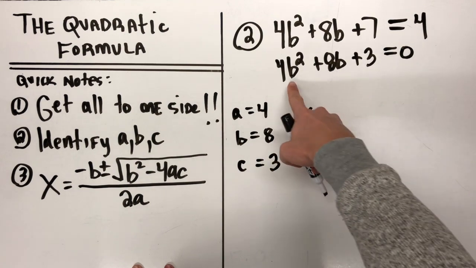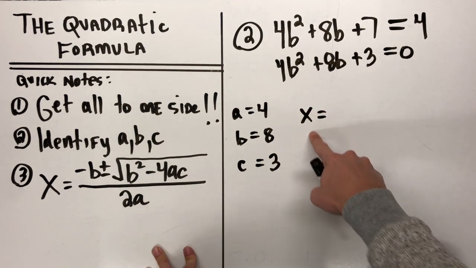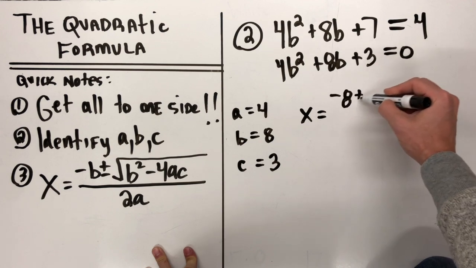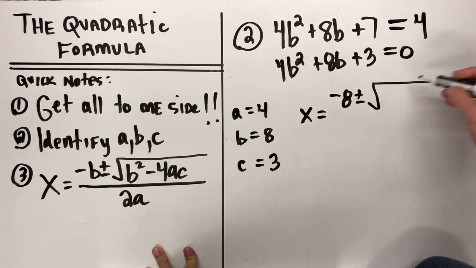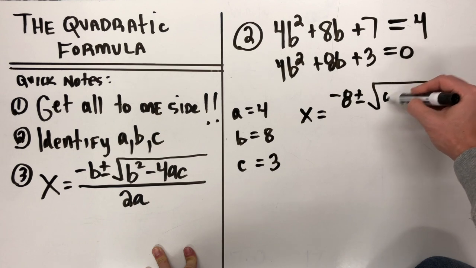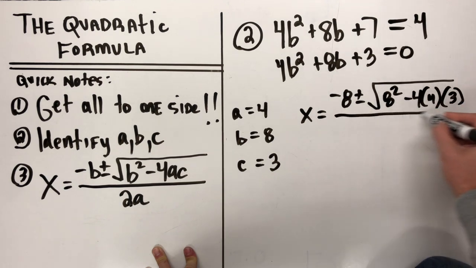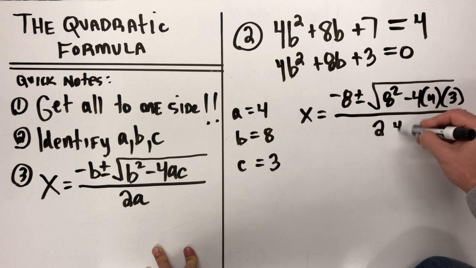X, or I guess in this case B, but it is an x-intercept. So x equals negative b plus or minus the square root of b squared minus 4 times a times c, all over 2 times a.